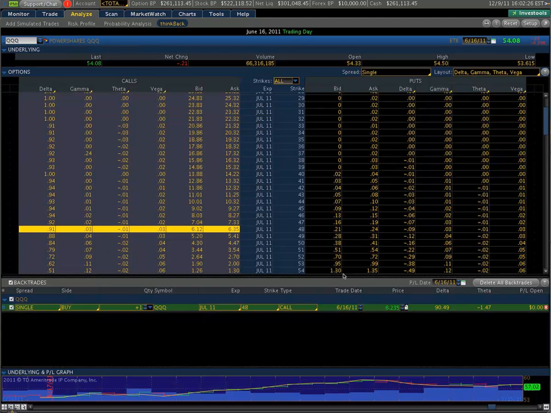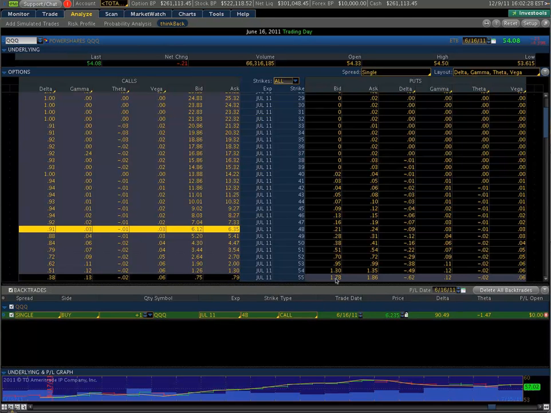And so we start out now knowing that the market will be rising over the next few days. So all we have to do now is advance the time to see exactly how we fared. Now the delta is 0.91.